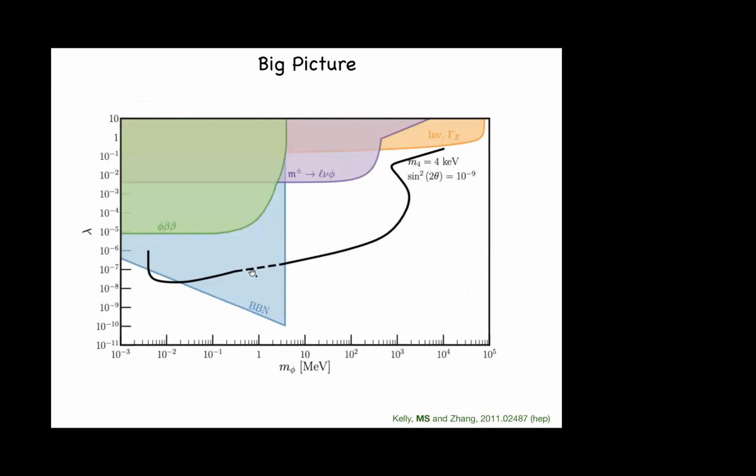So essentially the reason why we use dashed lines to draw this region is that the two cosmologies that operate in this region and this region are quite different, because this region refers to very heavy phis which never thermalize with the plasma, whereas this region refers to phis which thermalize after BBN.